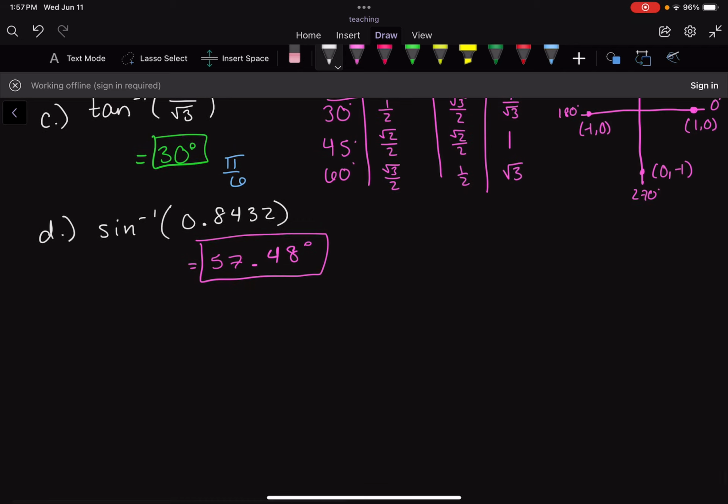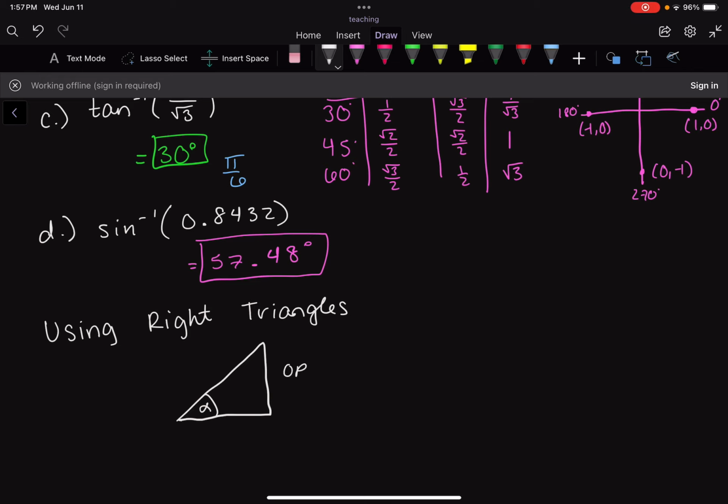Also, another thing I need to mention is when we use right triangles, and I kind of already talked about this a little bit, because we used right triangles in our last section. If alpha is here, this is your opposite side, this is your adjacent side, and this is your hypotenuse.